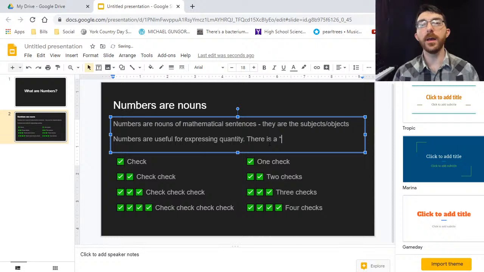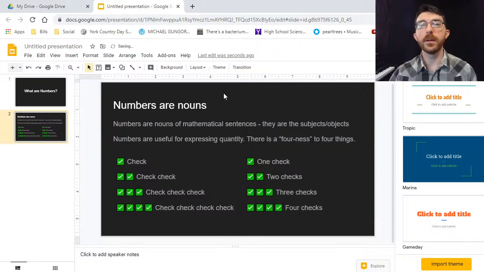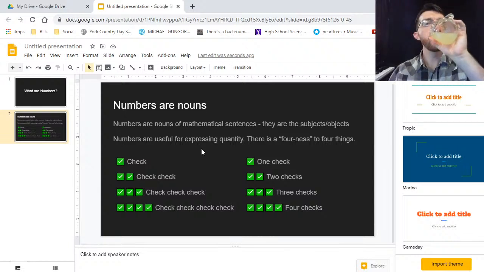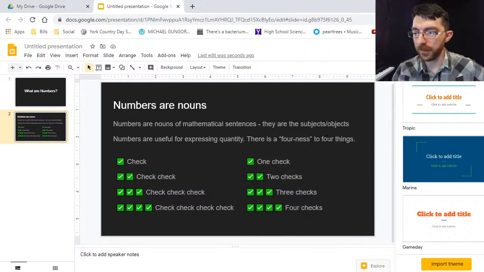There is a 4-ness to 4 things. Okay, at this point, I'm not even borrowing from Mr. Strogatz. I'm just stealing. But you know, I cited my source. So, all right, numbers are nouns. Got it. All right.